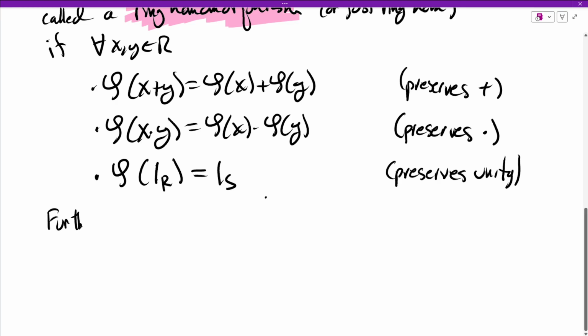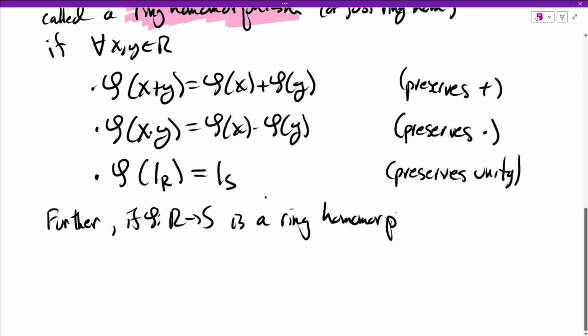Further, if phi from R to S satisfies these properties, so is a ring hom, I'll write it out though. We say phi is a, and there's going to be a bunch of different things here.